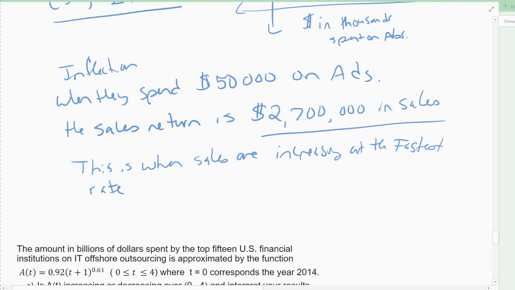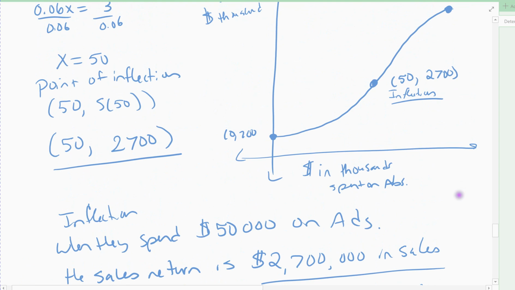Now, we don't get into it in this class, but if you take an economics class, they talk about the law of diminishing returns. This is when it's happening, meaning even though they're going to spend more money after this point, so over here it's concave down, you'll notice the more money they spend, the less they get back on their return. So it's not worthwhile to spend $60,000, $70,000, $80,000. They're going to sell more, but the return is less.